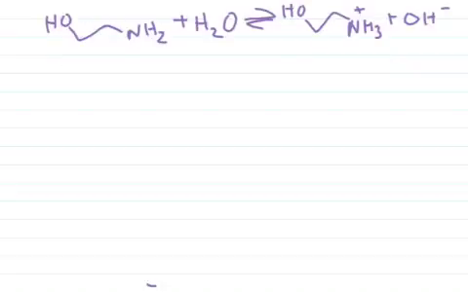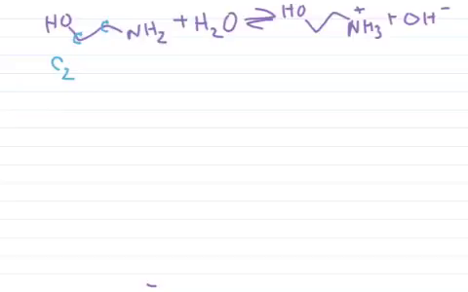Given ethylamine going to water, we form HO, NH3 plus OH minus. So let's write this out as a base dissociation constant. First thing we need to do is identify how many carbons we have and to write the simple structure. So we know we have 2 carbons, so C2.